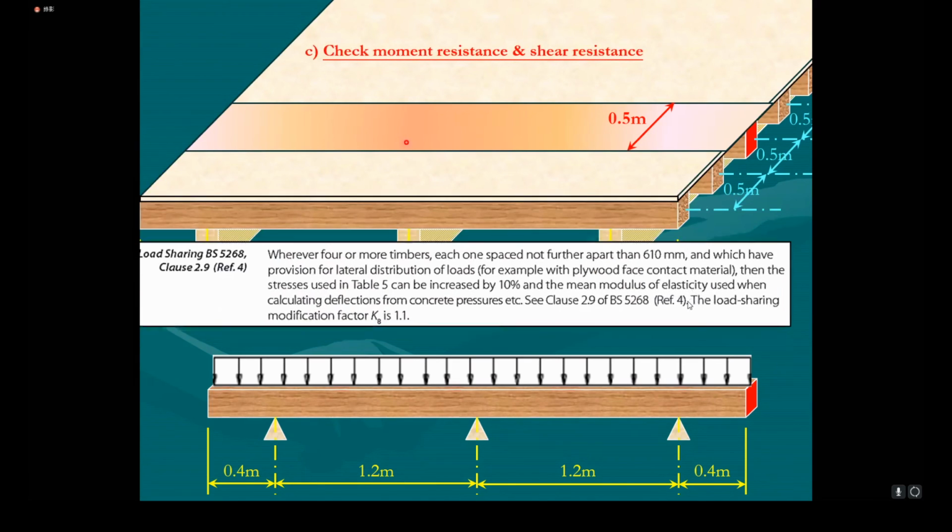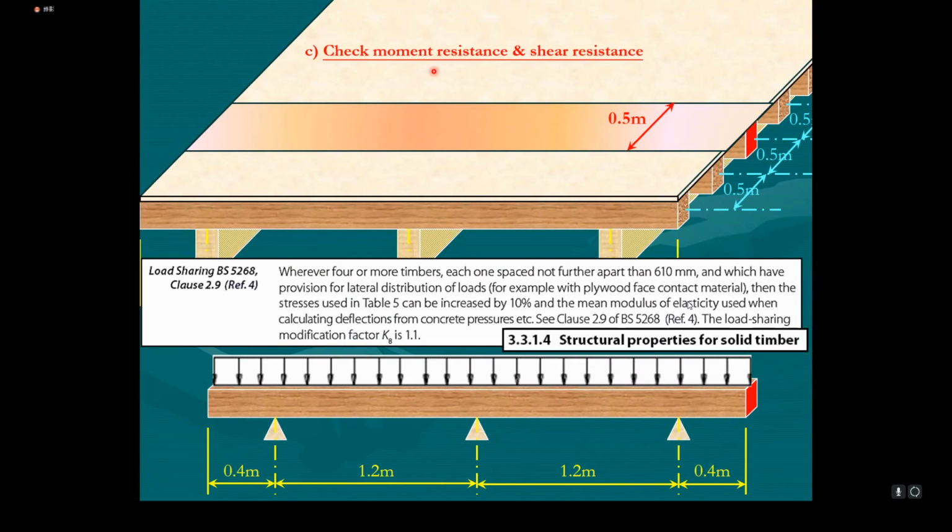For part C, you are required to do the checking regarding moment of resistance and shear resistance. That is comparing the maximum moment with the allowable moment, and comparing the maximum shear with the allowable shear. And this one, you have to refer to a number of tables in your supplementary note.